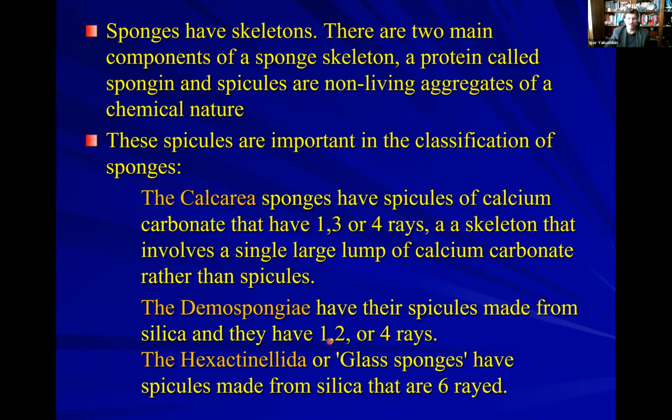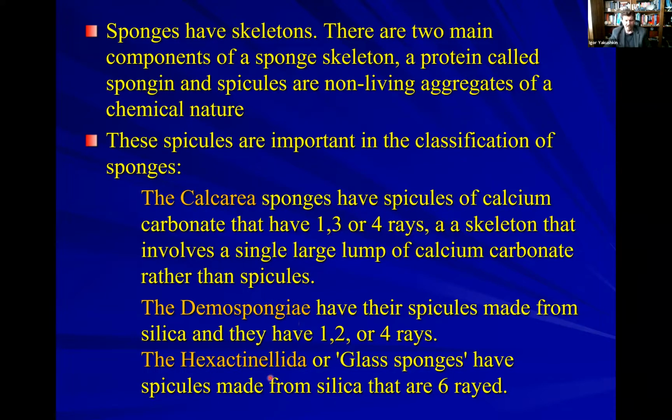Then there are the demosponges. Spicules made out of silica. Remember, we talked about silica, SiO2, glass essentially. Also, demosponges have protein intertwined with those particular spicules. And this is where the more natural bath sponges come from.